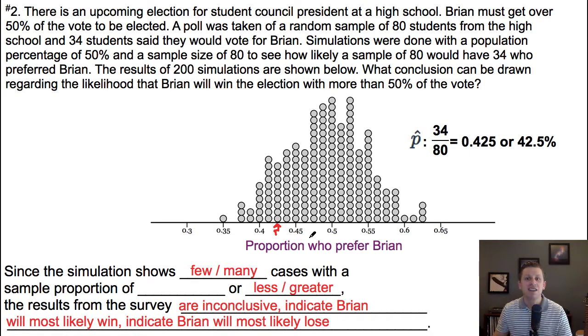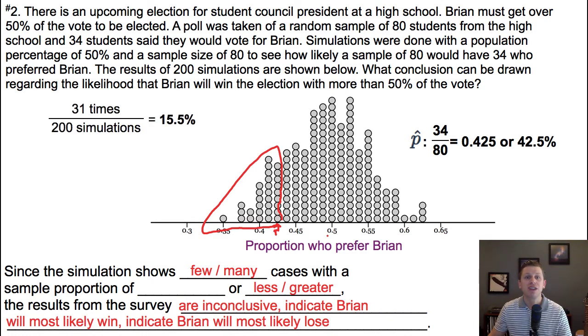And because it's to the left of the mean of 50%, we want to include the values less than it. Here I have circled out of 200 simulations how many times a value of 42.5% or less showed up. That showed up 31 times out of 200 simulations, or 15.5% of the time, which is greater than 5%, so it's showing that this is very likely.